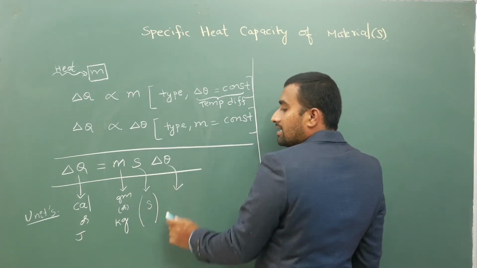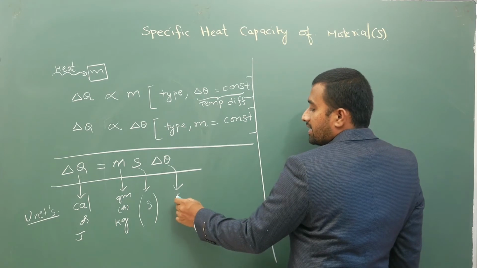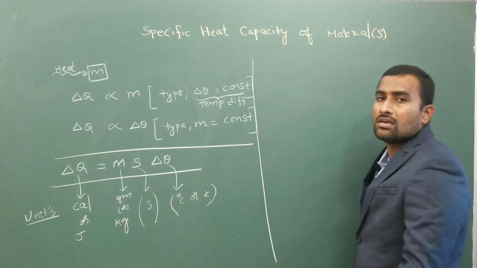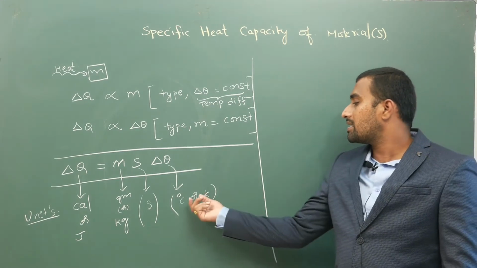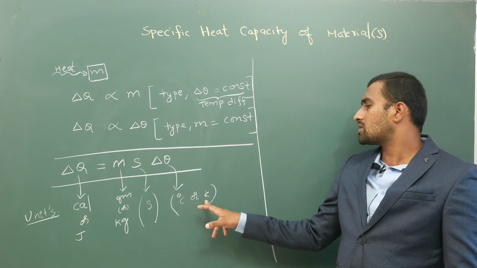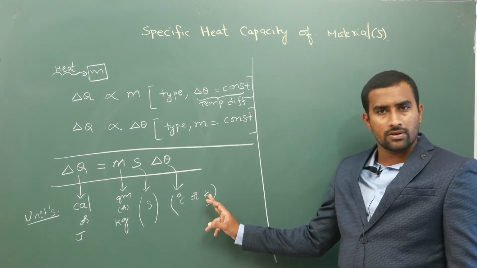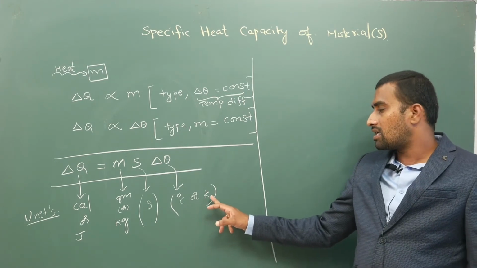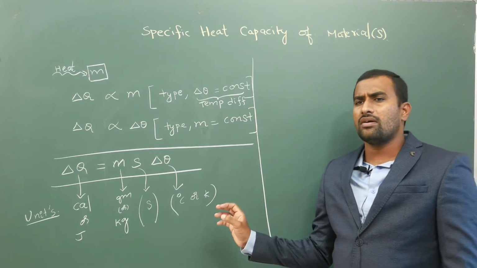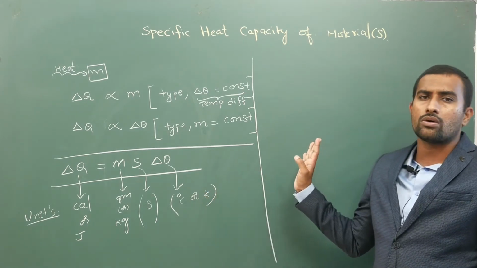Delta theta is degree centigrade or Kelvin, whether it is CGS or SI unit. But in entire thermodynamics, unless otherwise mentioned, except in this chapter, it is good practice to go for Kelvin always, wherever temperature is there.